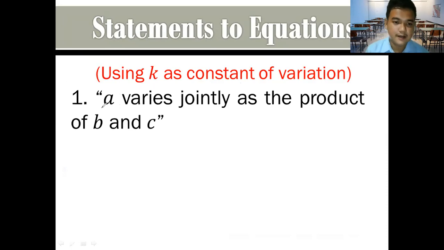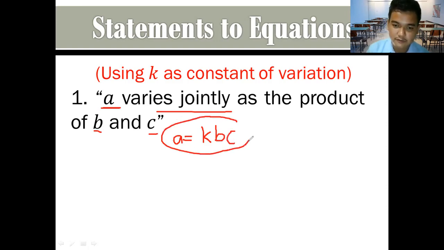So let's analyze A. So we will write A varies jointly as the product, don't forget the K, your constant of variation, product of B and C. So you're going to write B and C. So this is now your equation from this statement.